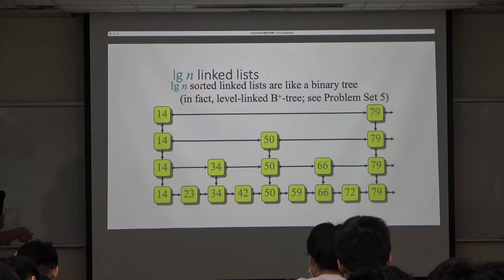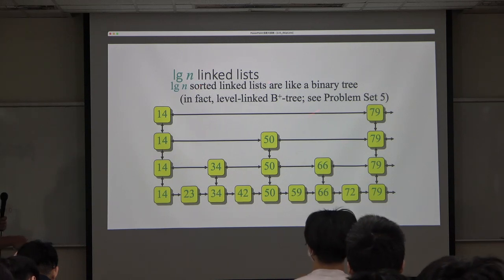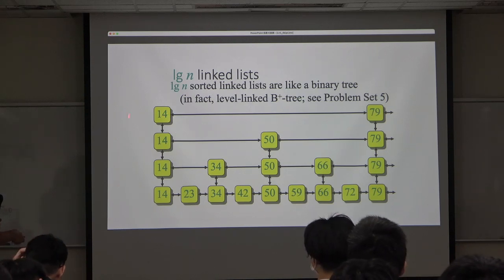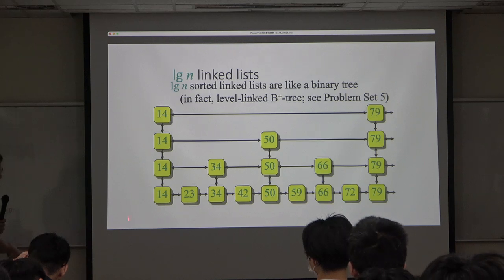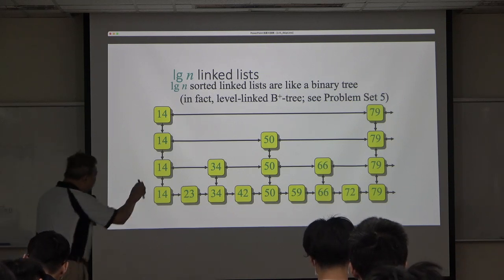So the log n sorted linked lists are like a binary tree. Why? Because if you look at here, this is a part of the skip list, because obviously you may have more numbers on the right hand side.